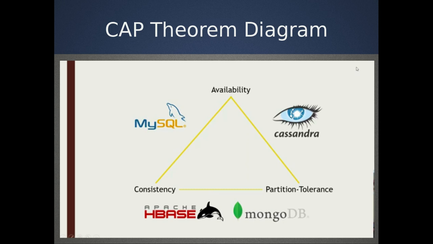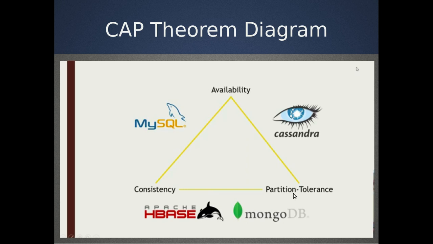Now among these available options, we have to choose Cassandra, MongoDB, HBase or MySQL according to our need. So it's a trade-off between these options. Let's say you're designing a system where you're dealing with big data and you have to split your database across different machines, like n number of clusters.